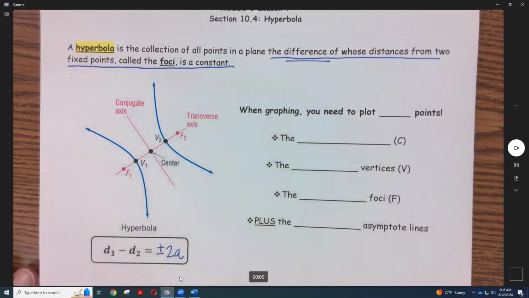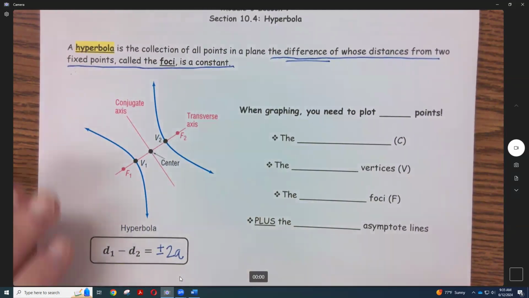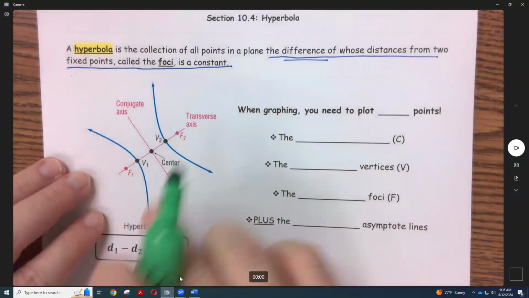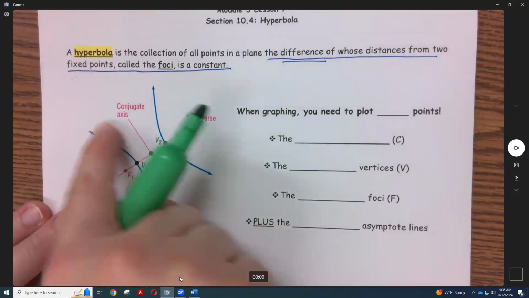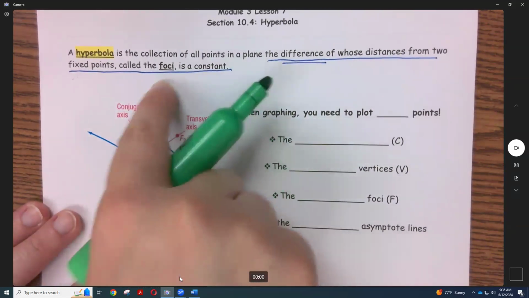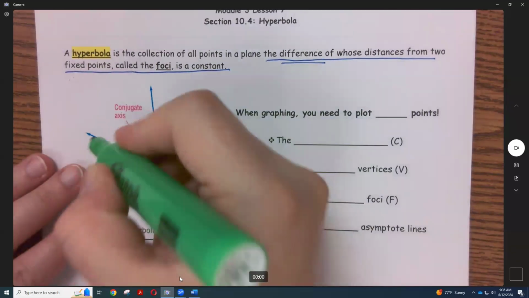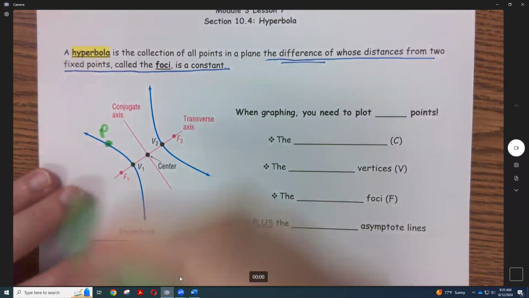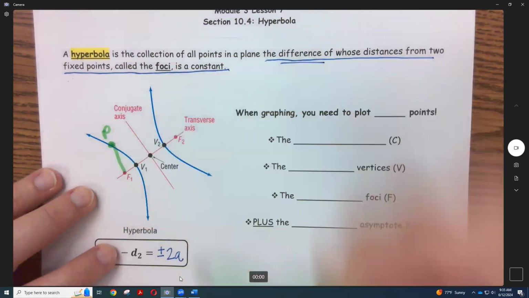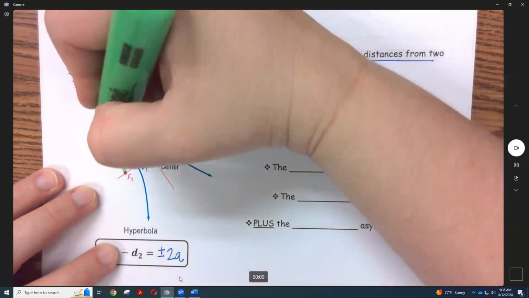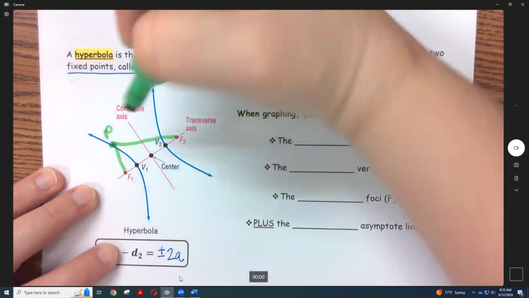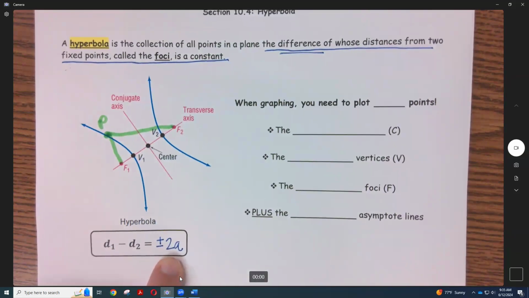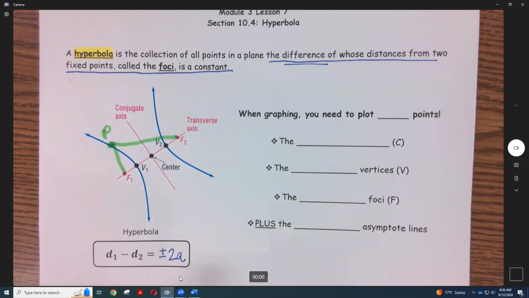They don't put this diagram on this picture, but let's do a highlighter here. If they put some random point on my hyperbola, which is these two blue lines, the distance from that point to focus 1 and the distance from that point to focus 2 will be a constant number no matter where you put that point.